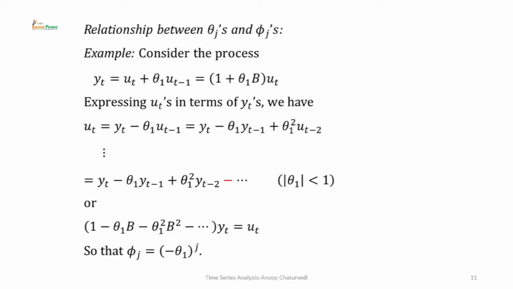So, what you get? y t minus theta 1 y t minus 1 minus theta 1 squared u t minus 2. And then we proceed further. At last you get y t minus theta 1 y t minus 1 minus theta 1 squared y t minus 2 plus so on.